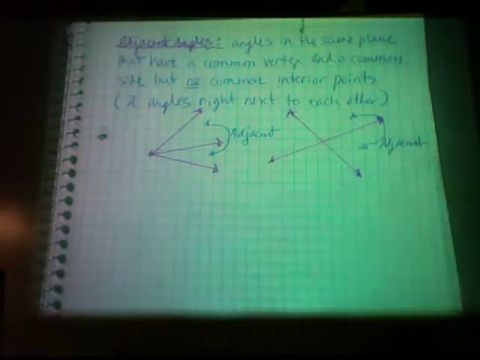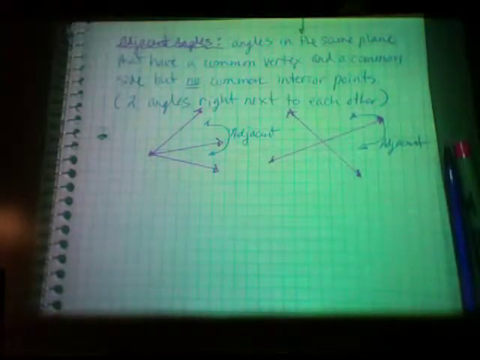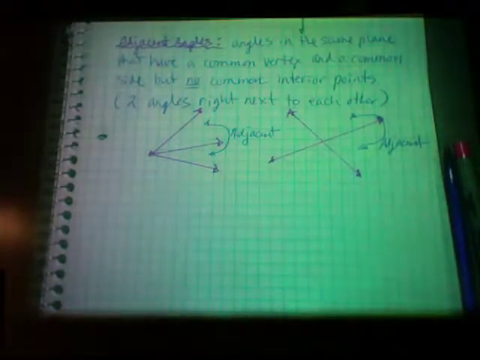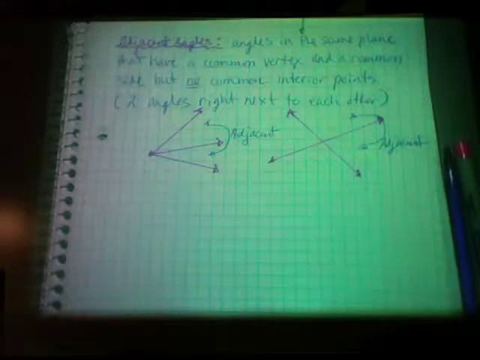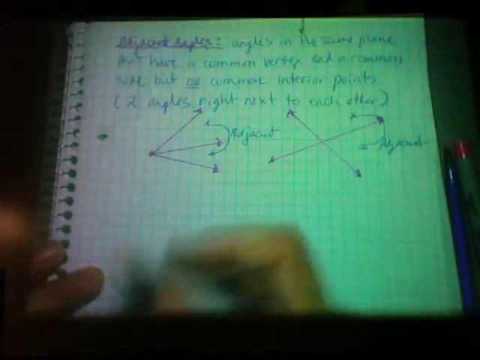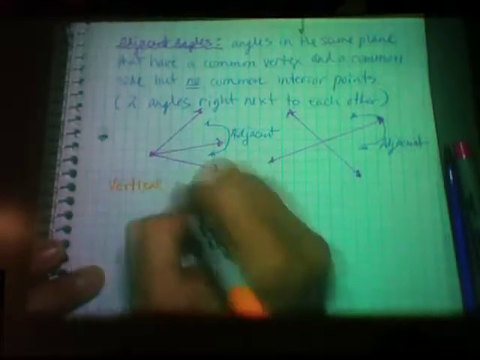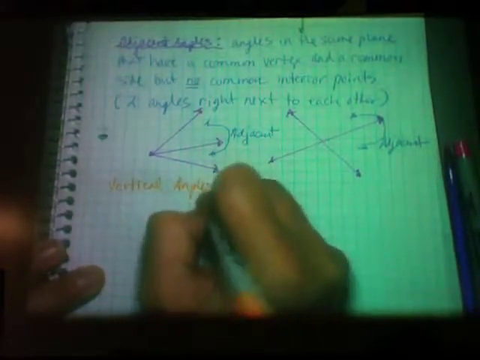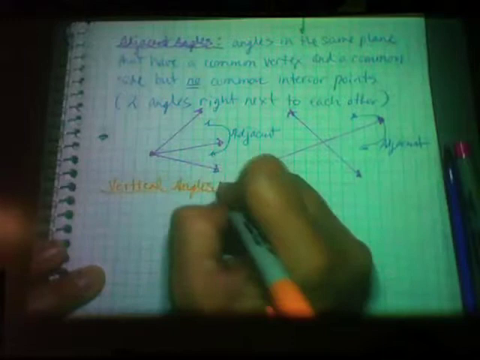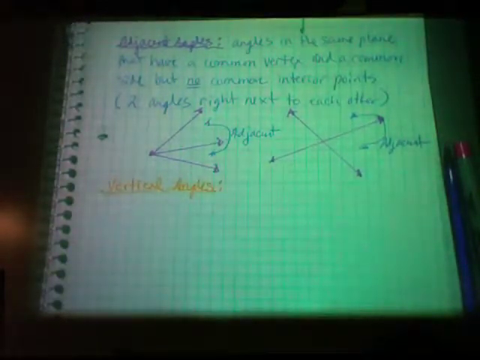Speaking of intersecting lines, they create a whole bunch of other new data facts to gather. They create also something called vertical angles. And just because the angles are called vertical angles does not mean that they're vertical to each other. It does not mean that they're north-south to each other. It means that they are directly across from each other.